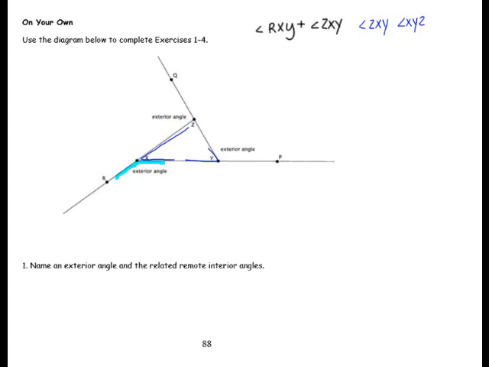And then the third angle is YZX. And we know that the sum of the interior angles of the triangle is 180 degrees. So if we add these three angles together, that's going to give us 180 degrees.